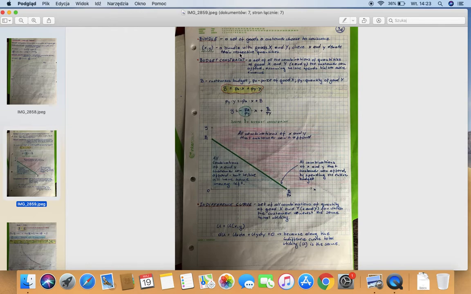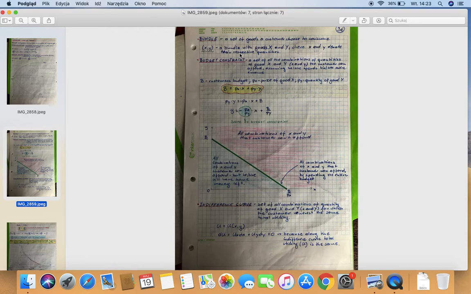Look, if you have a given amount of money, you can spend it all on good X, you can spend it all on good Y, or you can choose some combination of them in between. And for simplicity, we will be assuming the customer is not saving, so the customer spends all the money at his or her disposal.